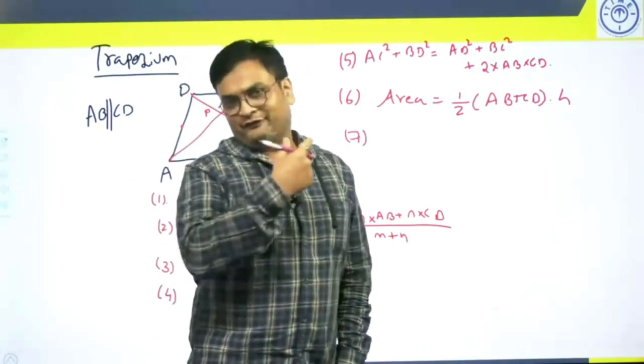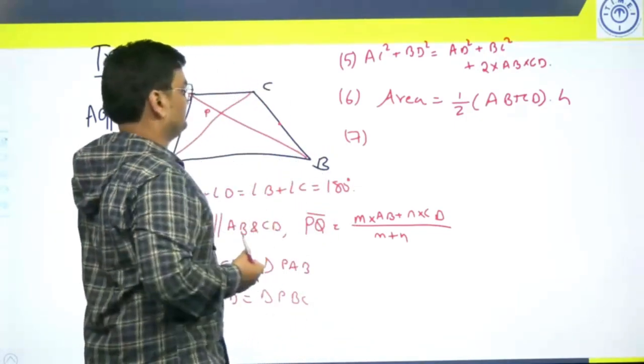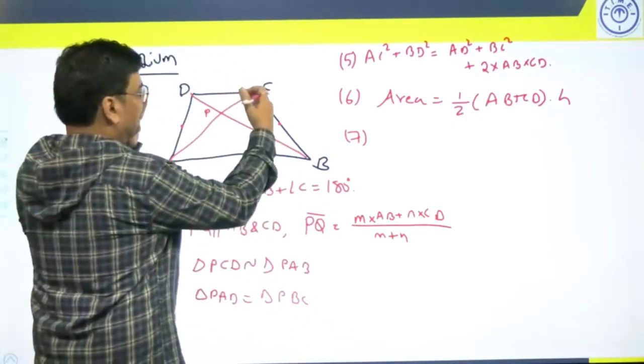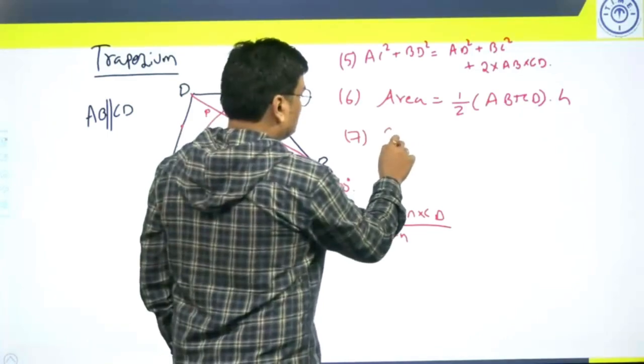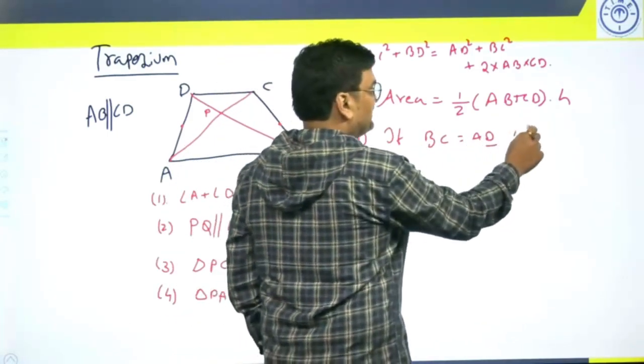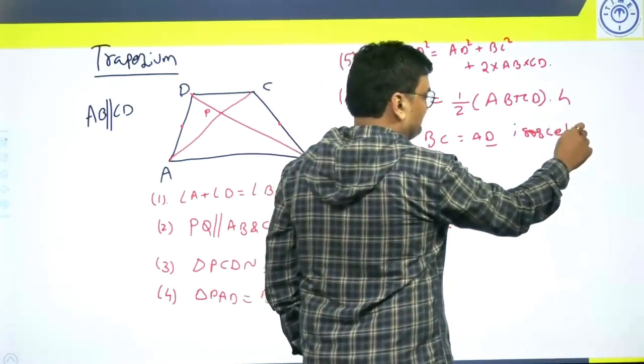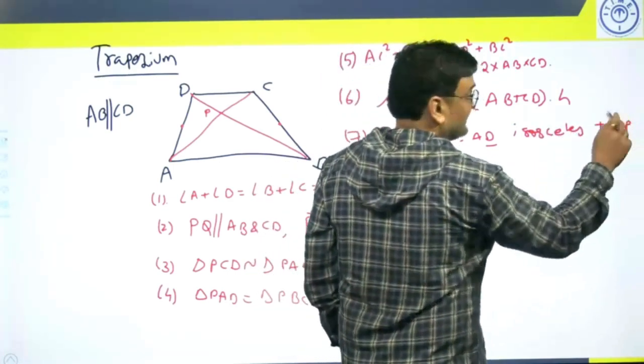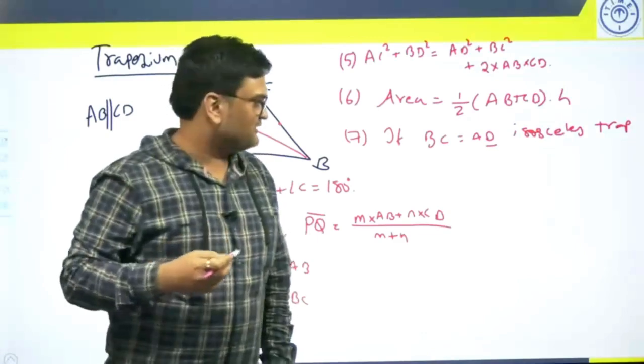So in case of a trapezium, if the non-parallel sides become equal, then the trapezium will become an isosceles trapezium. Just like an isosceles triangle, it will become an isosceles trapezium.